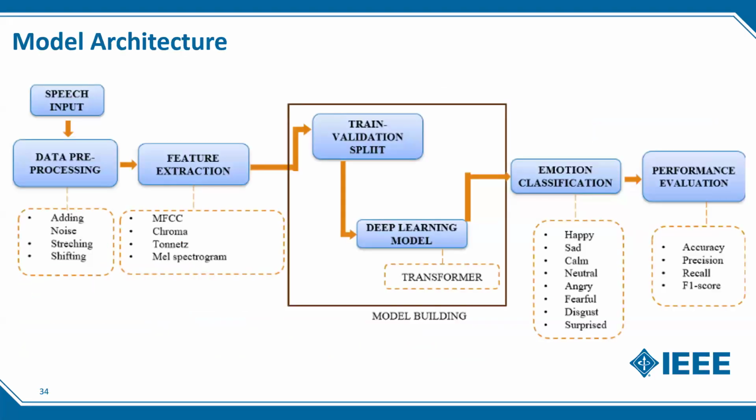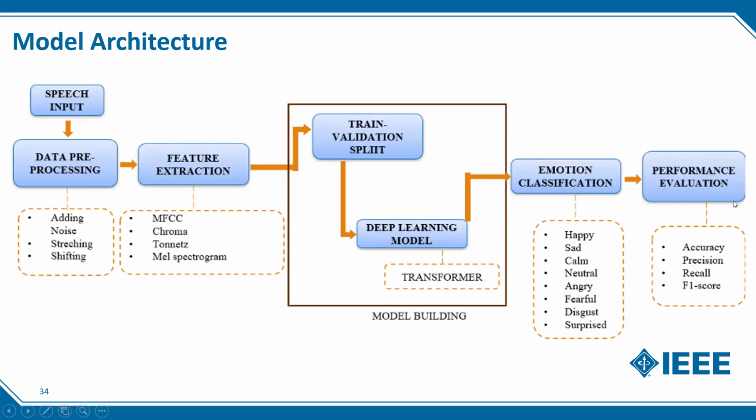So this is the model architecture that we have used for speech emotion classification. Initially we did some pre-processing and all the features were extracted, and then we trained the transformer model and tested the model, and the 8 emotions were classified.